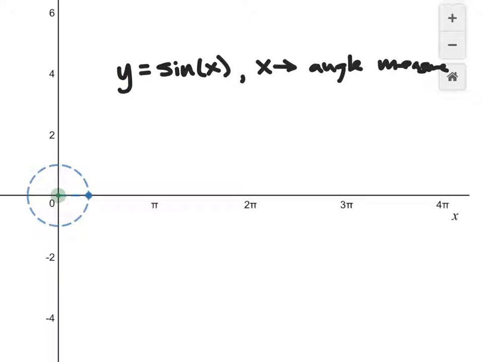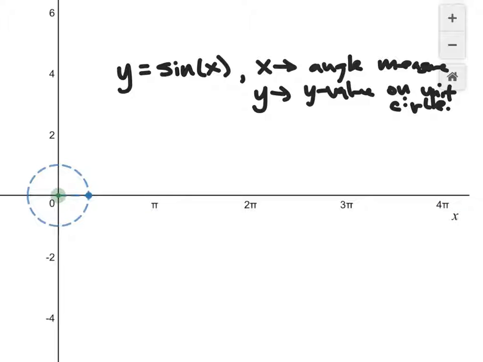So the y value that is going to be plotted is the y value on the unit circle. We're doing a couple different things here. x is the angle measure, and the x-axis here has different angle measures in radians: pi, 2 pi, 3 pi, and 4 pi.